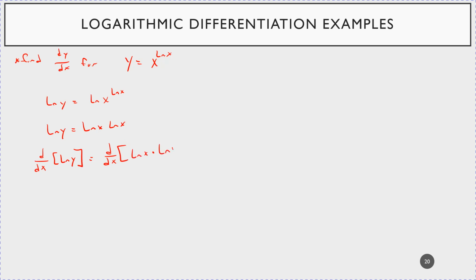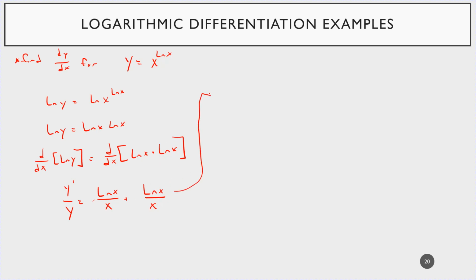So here we know that this is y prime over y is equal to, got to use the product rule, derivative of natural log of x is 1 over x. 1 over x times natural log of x is the natural log of x over x. Plus, here you have the natural log of x, and the derivative of the natural log of x, this is cool, is 1 over x, so you get the same thing.